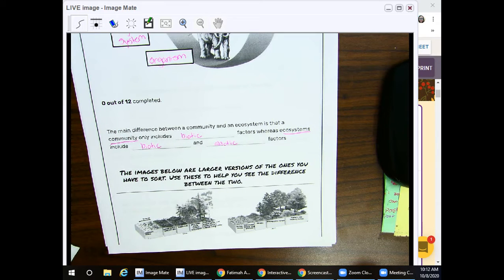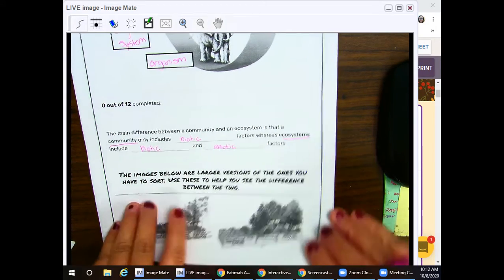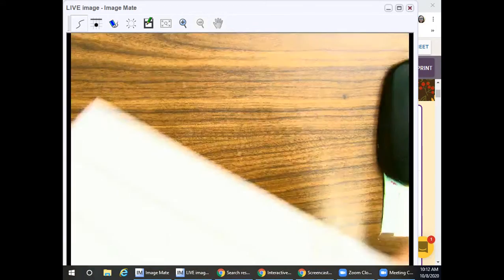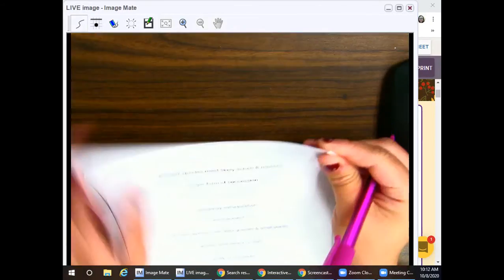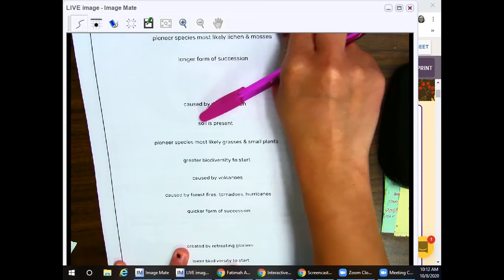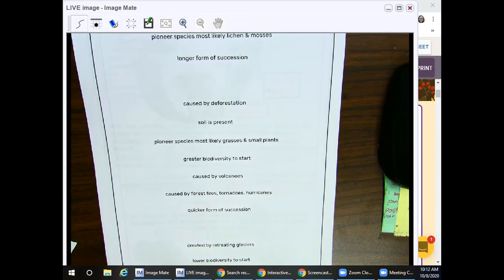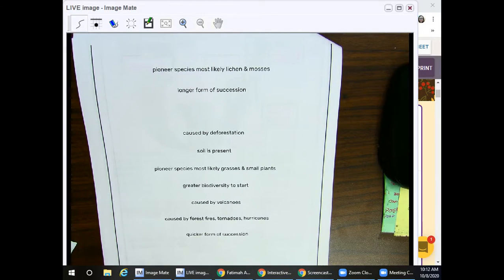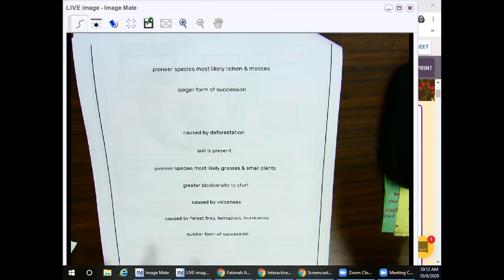So we're going to use these images below to see what's the difference between a primary succession and a secondary succession. And I don't know what your website looks like, but mine's just printed them all out in one sheet. So I'll just write P for primary, S for secondary.